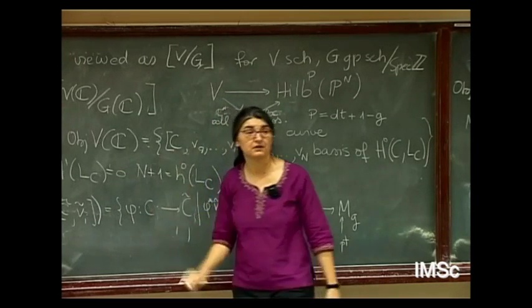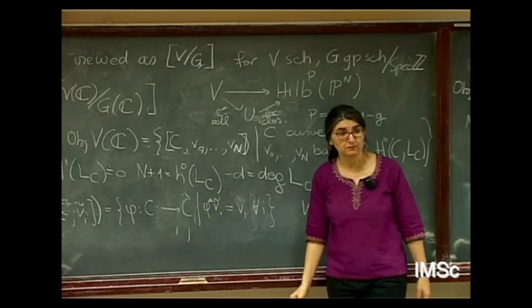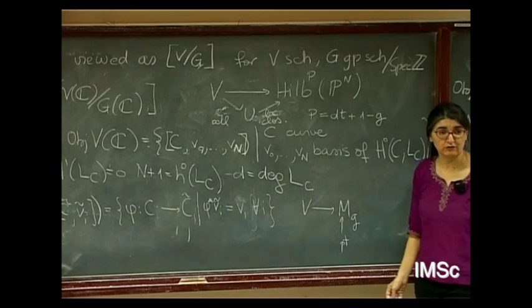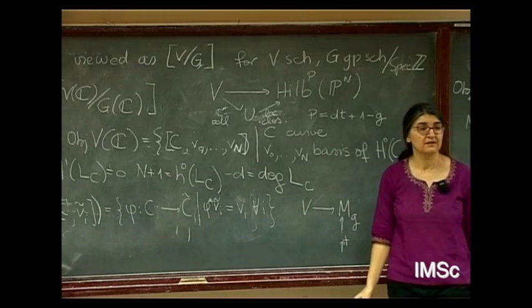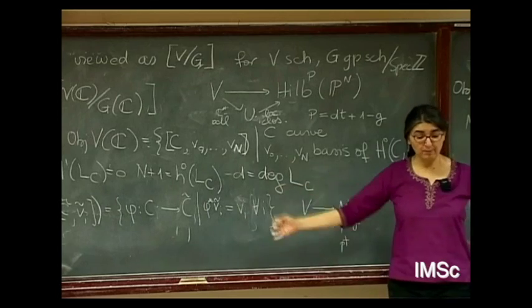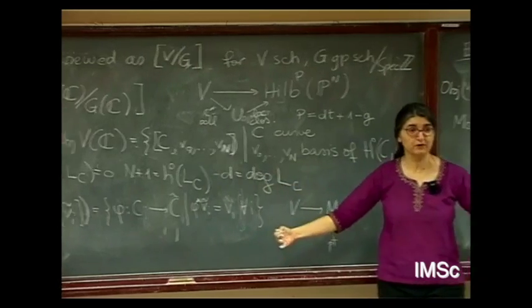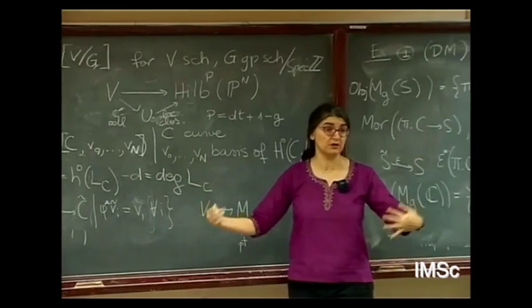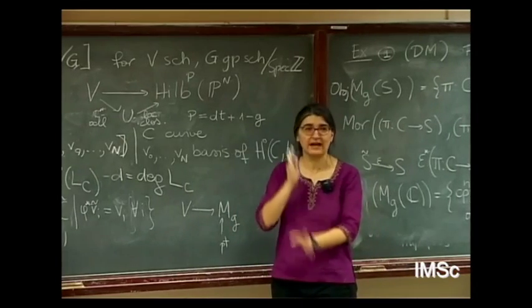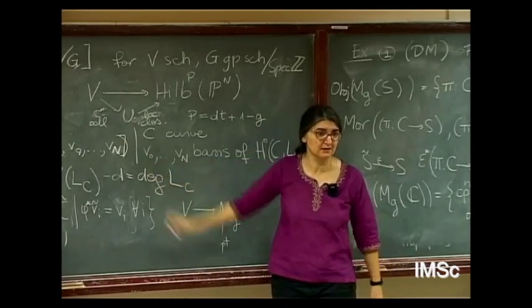Because there is an open of the smooth ones, and in the open of the smooth ones there is a natural closed, which is where this line bundle is the one I say it is.